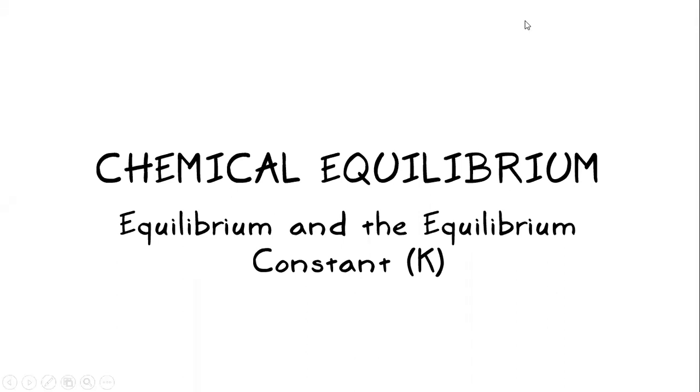So it's true. We'll find out why not all reactions have their reactants being used up at the end of the day. So not all reactions go to completion. Then the second question is, does a reaction always proceed in the same direction, or can it be reversed?